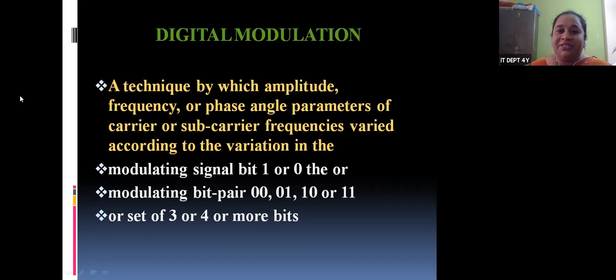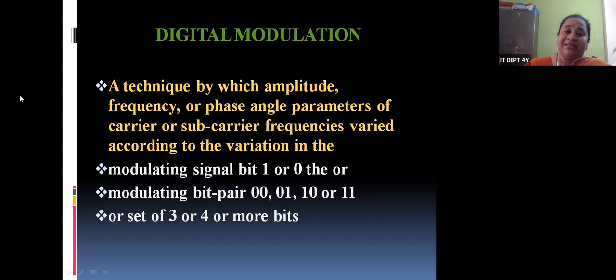How will this digital modulation be done? Instead of simply sending the amplitudes and frequencies over the analog signal, we can also send in a binary form or a digital form. Digital is nothing but the binary form representing zeros and ones.